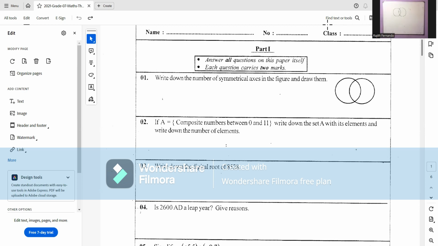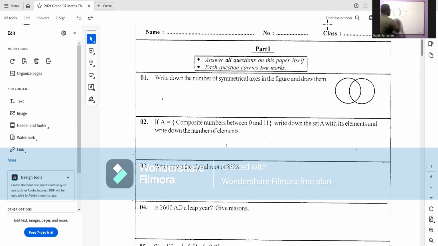You have to write down how many symmetrical axes there are and draw them. Then you can write this line. It is a bilateral symmetrical axis here, and also here. Here also is a bilateral axis.